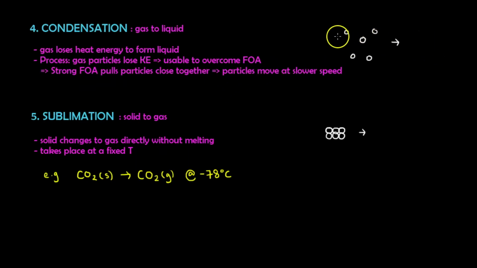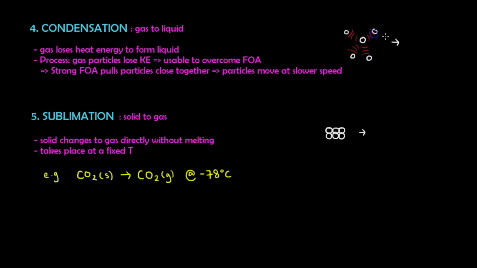Okay, so for example, just now they are able to move super wildly, right? They can move at high speeds and far apart. But now, because of them losing the heat, they slow down. Look at the movement. Okay, they are being slowed down. And now what comes back into place are the strong molecular forces, which will now hold them together. They will pull them closer together.